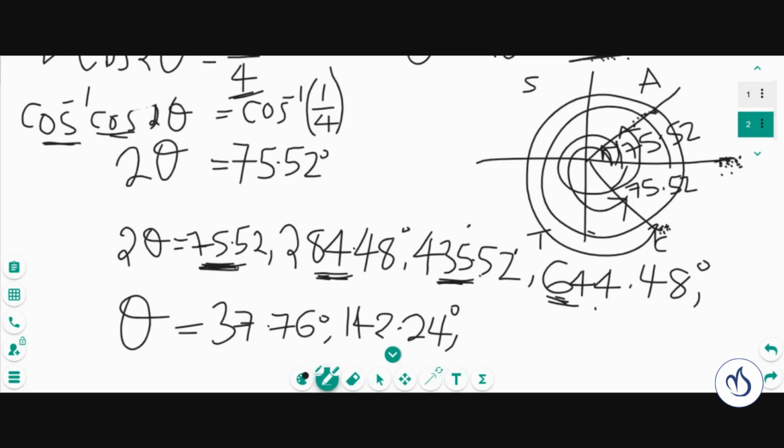Then 435.52 divided by 2, you get 217.76. Please also try it on your calculator to ensure we're not making an error. And then 644.48 divided by 2, we get 322.24 degrees.